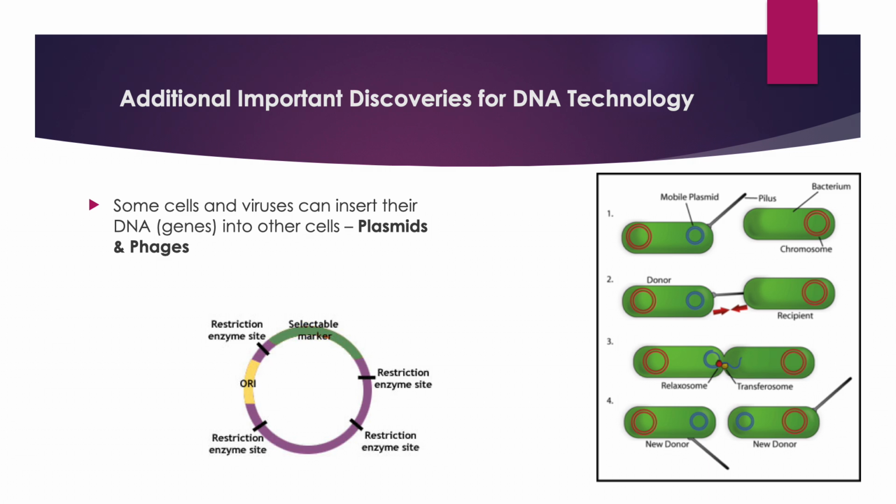Also, we use plasmids and phages from bacteria and viruses to move genes from one cell to another. That's what these things are designed to do. And so they're easily incorporated into a cell's chromosome.